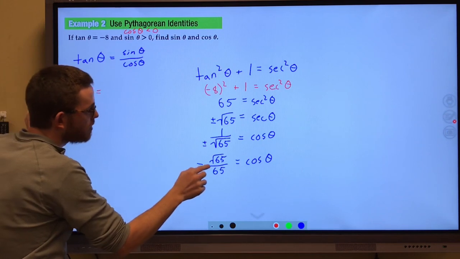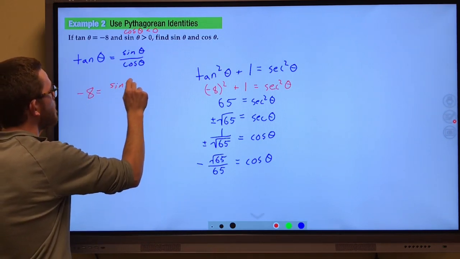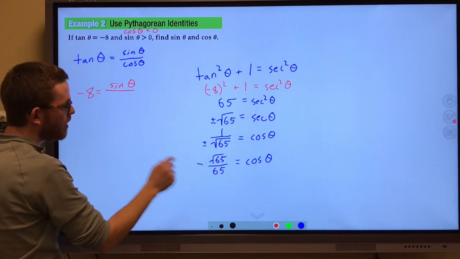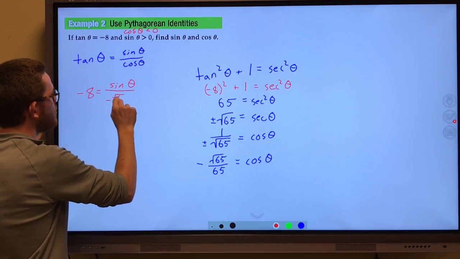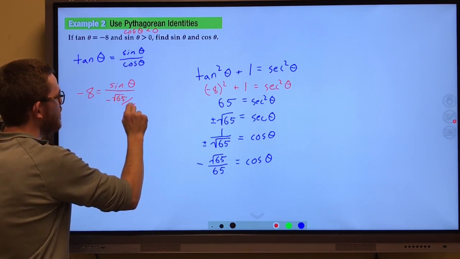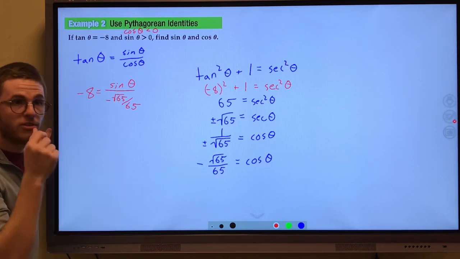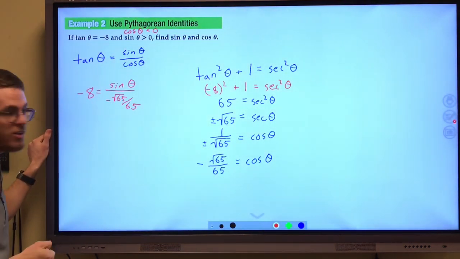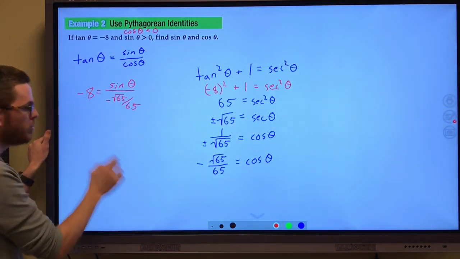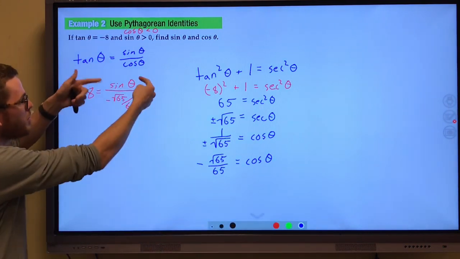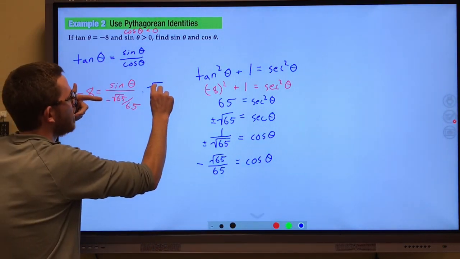-8 equals sine over cosine. Cosine is negative root 65 over 65. We know a negative times a negative gives us that positive sign that we've been expecting. Because we were dividing by this, we're going to have to multiply both sides by it.